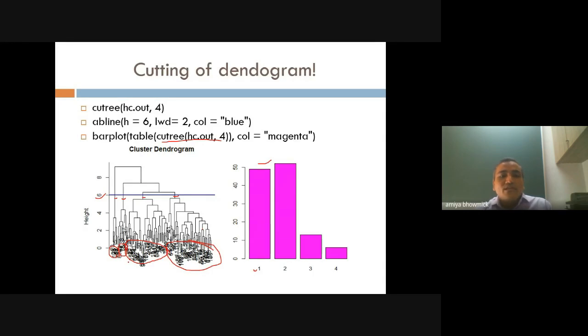If we say that I want every individual data point to be clustered separately, we are going to have a lot of small clusters, which is not at all a good idea. So we want an intermediate level.